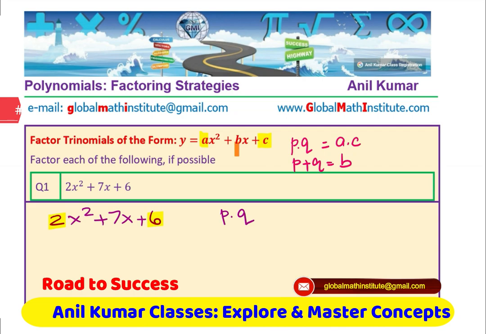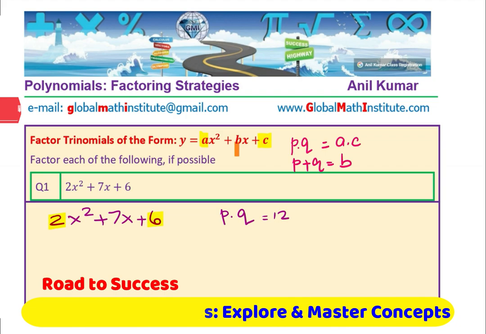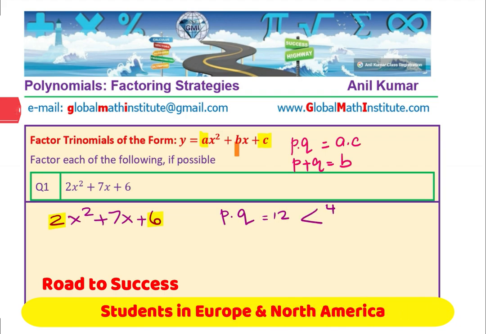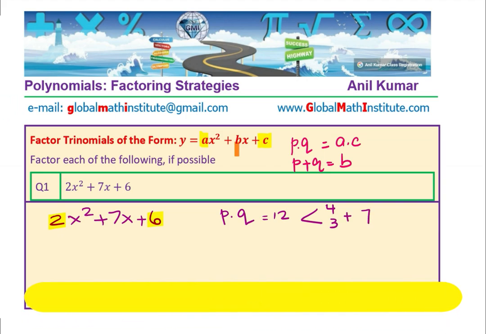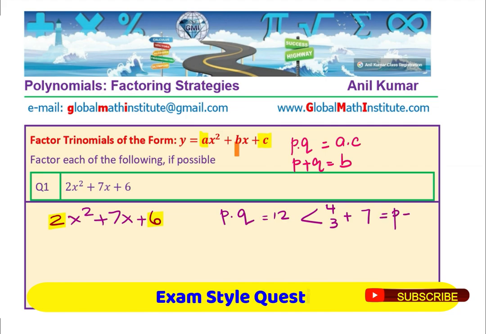6 times 2, as you know, is 12. You can get 12 in many different ways. However, 4 times 3 is something which when you add gives you 7. So this is a good parameter for us since 7 is the sum of p and q. Correct?